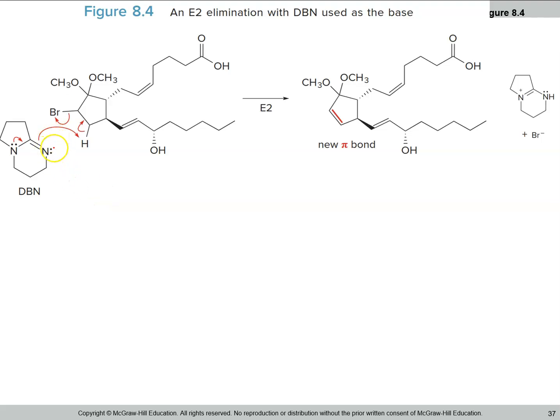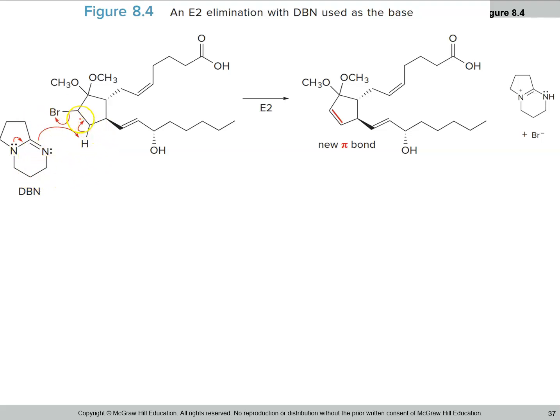So here we can see the double bond is actually going to be involved in grabbing that proton, and then we have the leaving group leave, and so we form this new double bond compared to the left to the right. So it's really difficult for this to act as a nucleophile because it's so big and bulky.